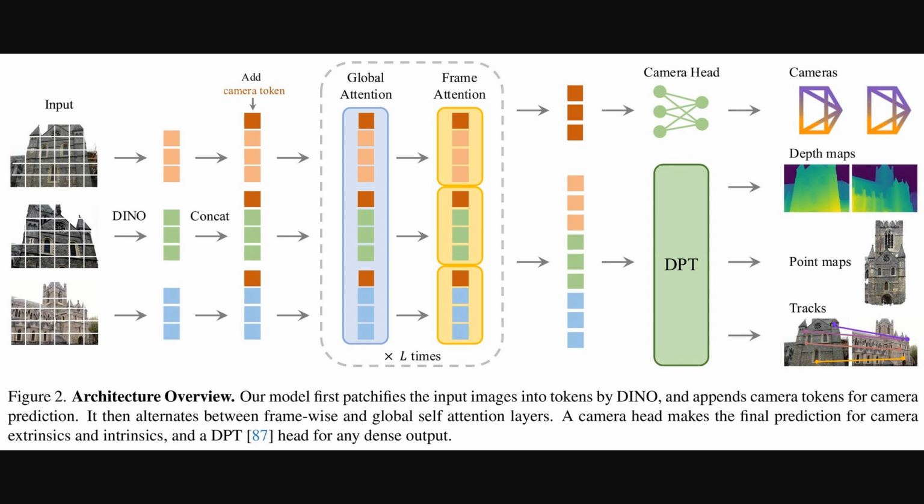This part uses a clever alternating attention mechanism, switching between looking at information within a single image and looking across all the images. Finally, there are separate prediction heads, one specifically for the camera parameters, and another one called DPT that handles generating the dense outputs like depth maps, point maps, and even tracking points between images.